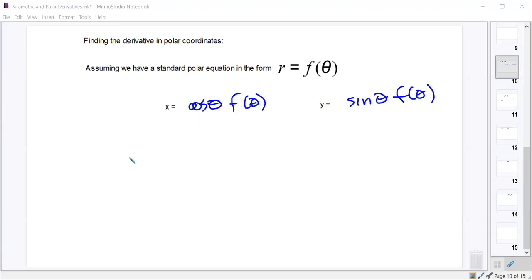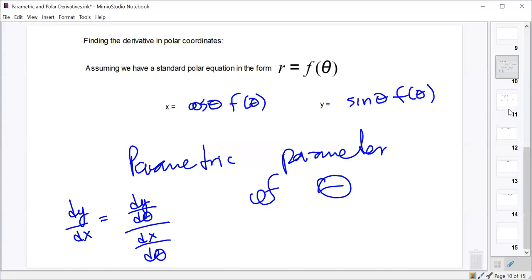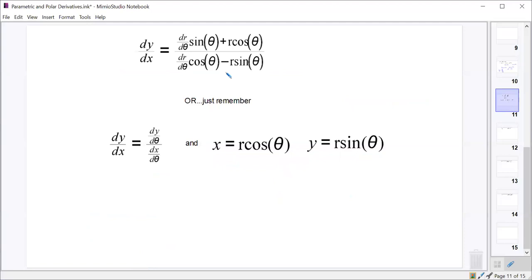It should look like a parametric with a parameter of theta. And so in order to figure out dy dx, it should just be the derivative of y with respect to theta divided by the derivative of x with respect to theta. The same idea as what we were doing with the parametrics before, right?